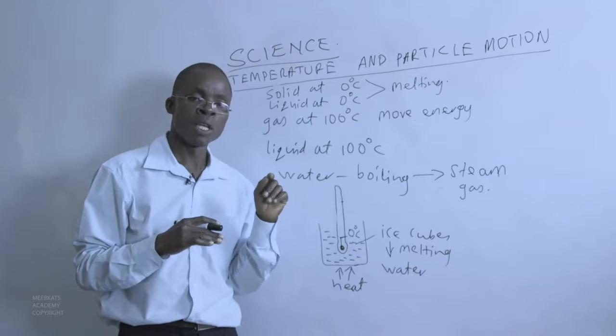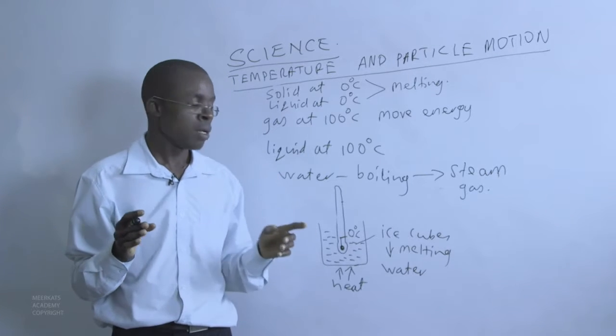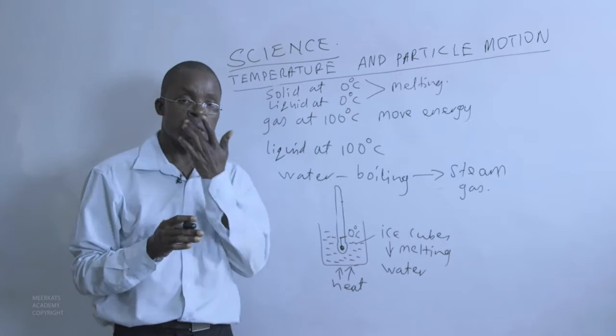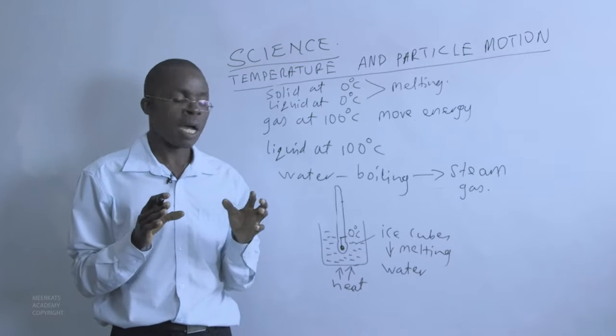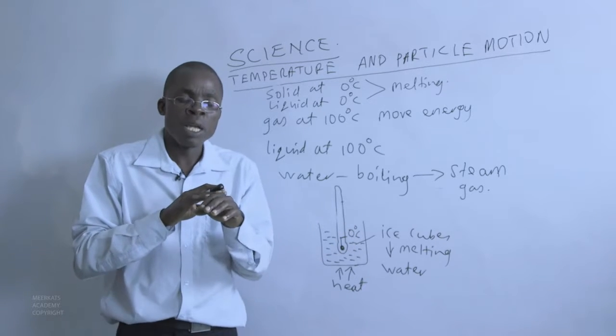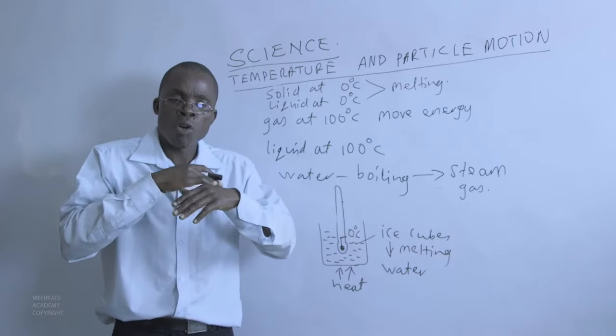Because in ice form, they can only vibrate, solid state. But as you add in heat, it loosens, it weakens the forces until these particles are now free at least to roll over each other.